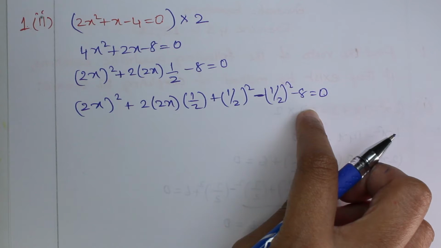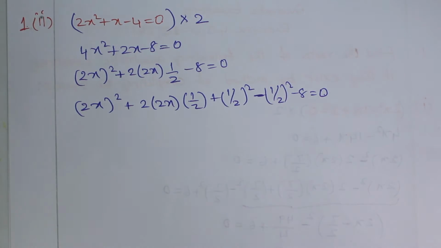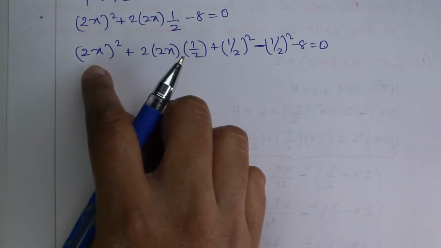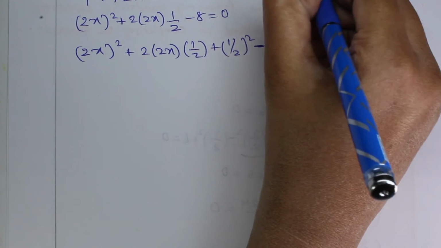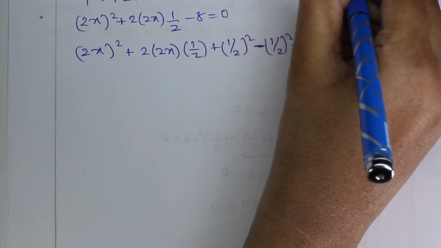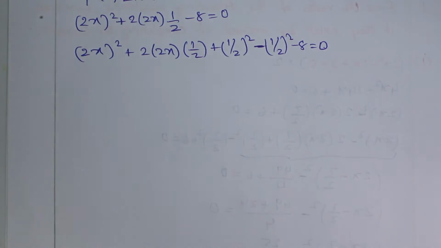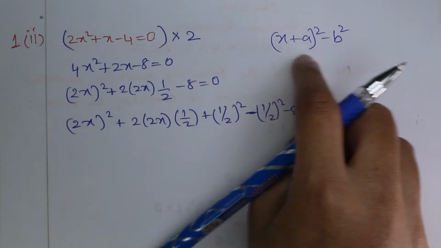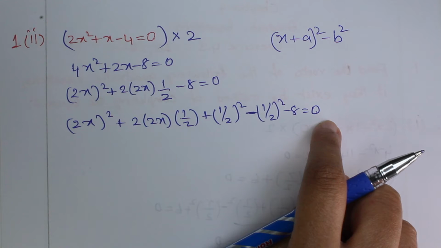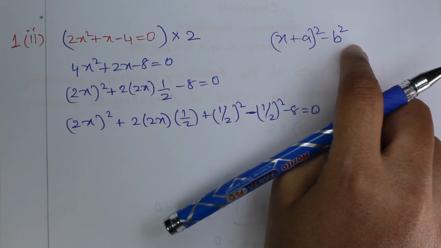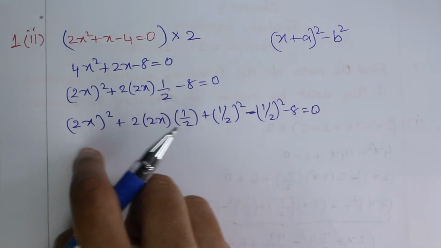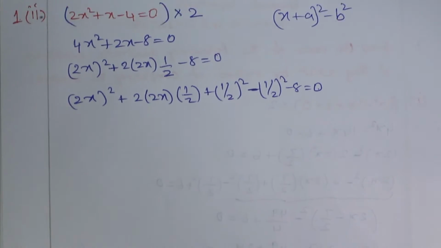We are writing it in this form so that we can complete the square, so that we can write it in the form of x plus a whole square minus b square. That is the purpose of the completing the squares form. Every quadratic equation can be written in this form, x plus a whole square minus b square. That's why we are rewriting this equation in this way.